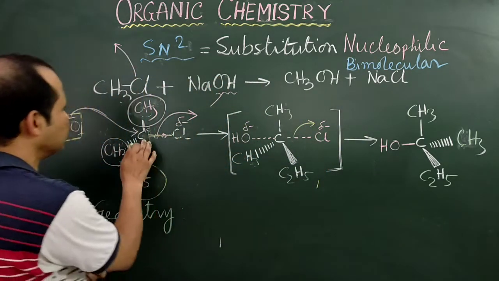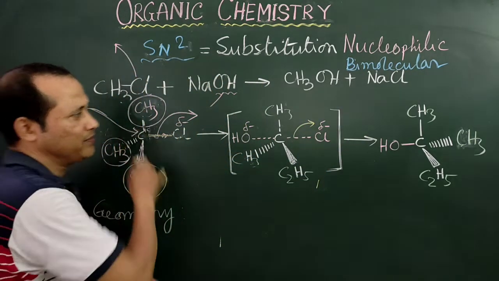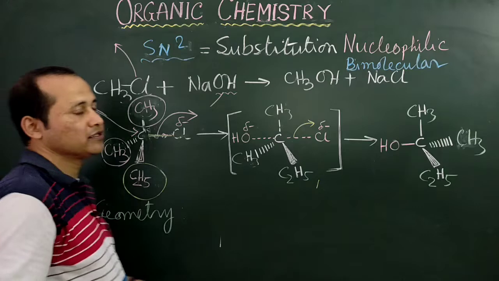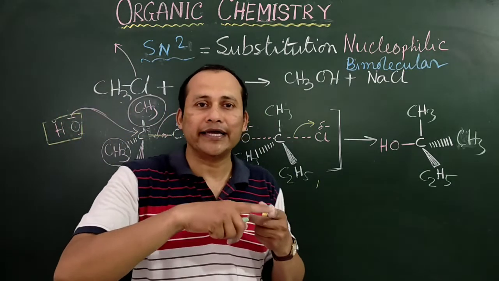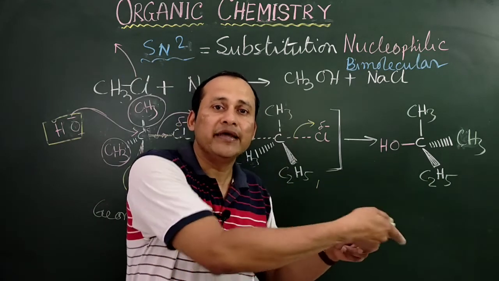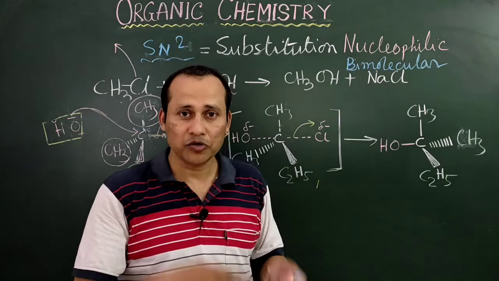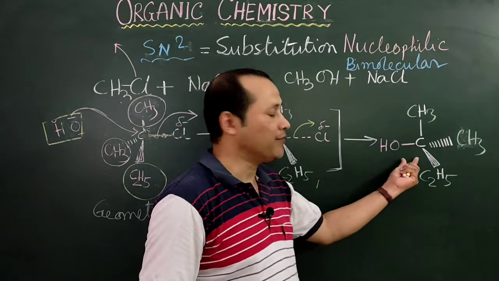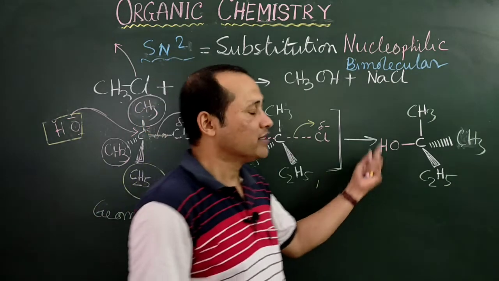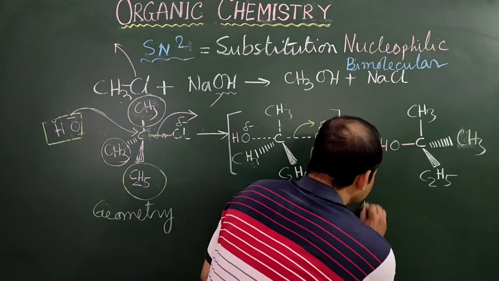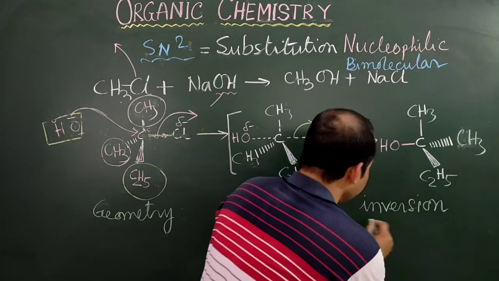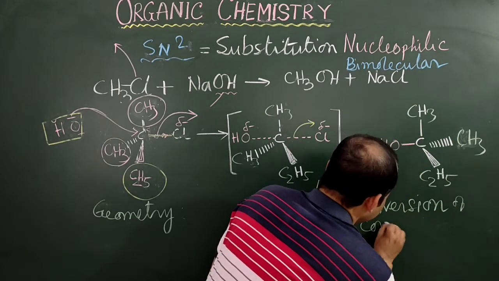So for this substance and this substance, if this one is optically active, this is also optically active, but if this substance rotates the plane of polarized light in the clockwise direction, then the other will rotate it in the anti-clockwise direction. So this type of product obtained from this is called an inverted product, and the phenomenon is called inversion. So inversion of configuration.